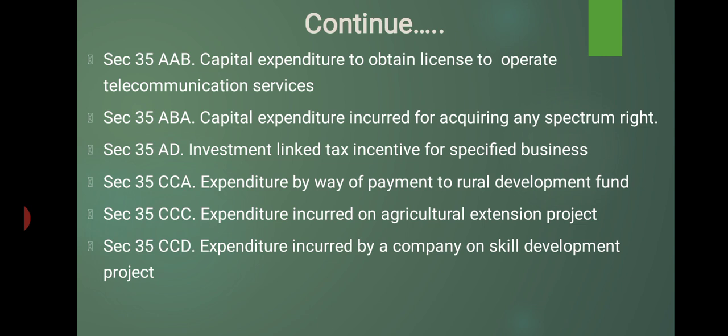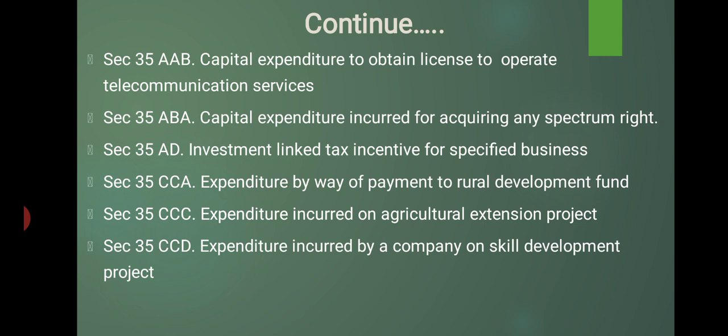The next one is capital expenditure incurred for acquiring any spectrum rights. We have already discussed in various newspapers 2G spectrum, 3G spectrum, etc. Any capital expenditure incurred for acquiring spectrum rights for telecommunication services is allowable in equal installments over a period starting from the previous year in which the payment of the spectrum fee is made, for the year in which business commences.